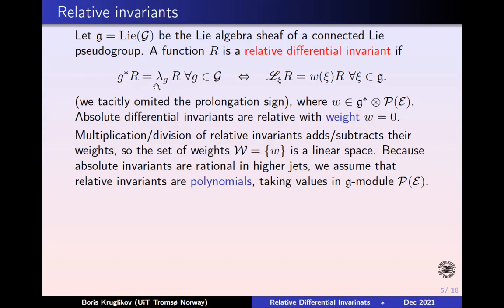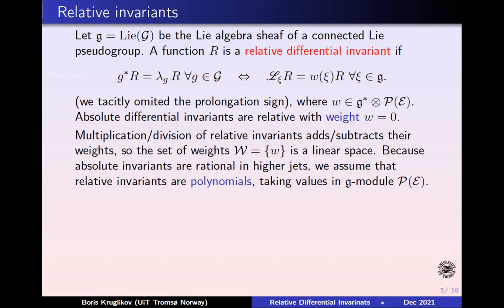This lambda_g depends on g, on the element of the pseudogroup. Equivalently, and here I assume the pseudogroup is connected, the Lie derivative of R along a vector field from the algebra G is proportional to R. And this coefficient of proportionality depends, of course, on the element of the algebra; that's called the weight.